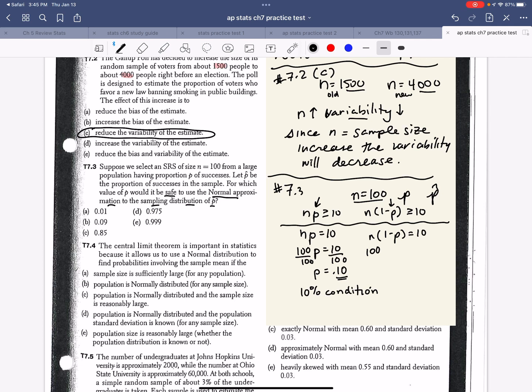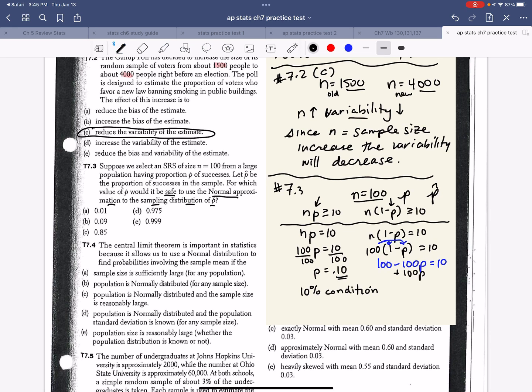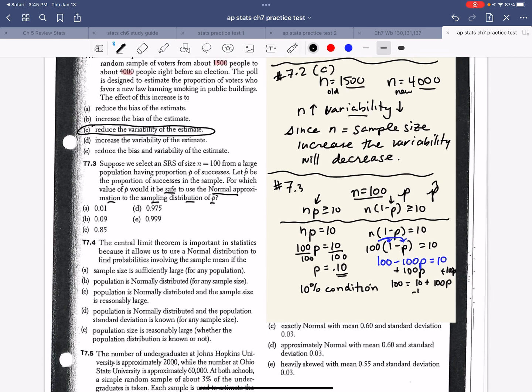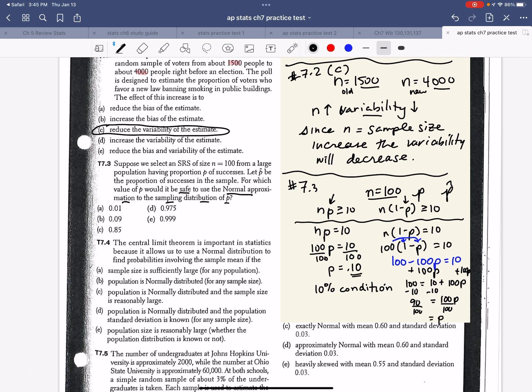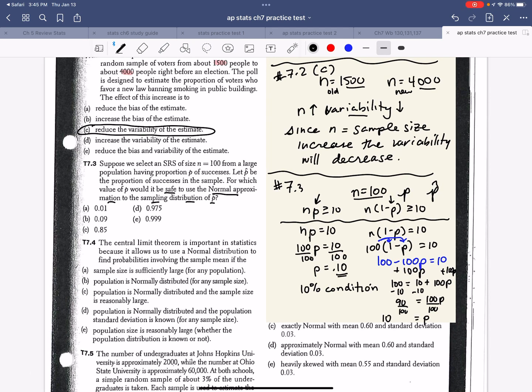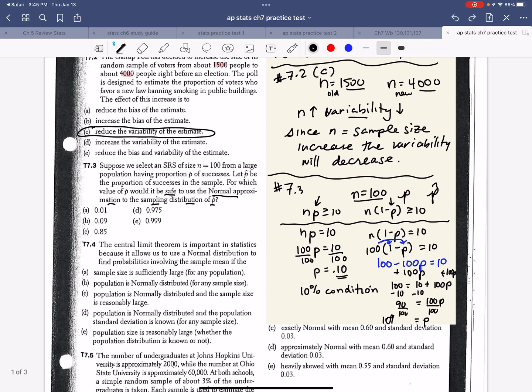So if we make this 100 times 1 minus P equals 10, and we distribute the 100, we get 100 minus 100P, and we add 100P to both sides. And we subtract 10. We get 90. And we divide by 100. And this makes sense. The 10% condition means I need at least 10% to say yes and 90% to say no. So that would be 90%.